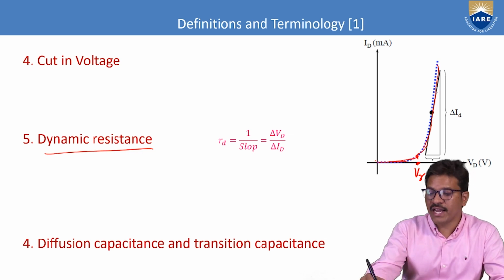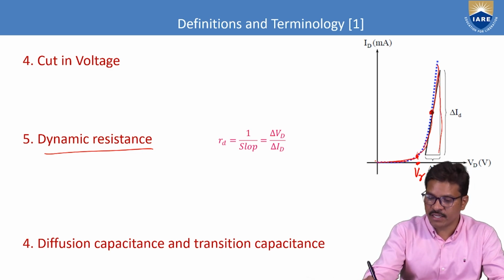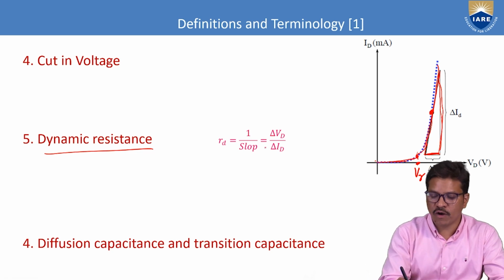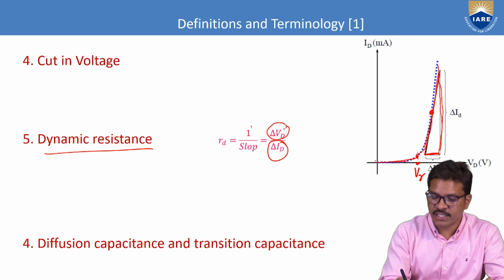Also, from the graph we can measure the dynamic resistance, which is a slope. Take one point and take the tangent line. The dynamic resistance is 1 by slope, the change in x-axis by the change in y-axis.